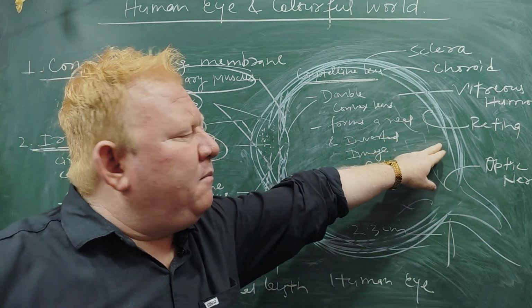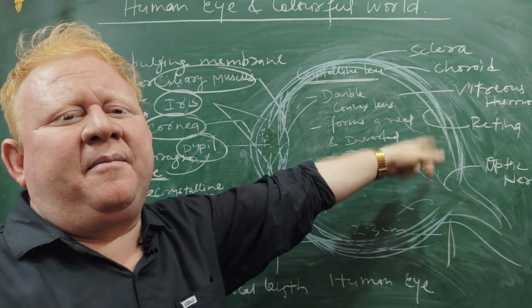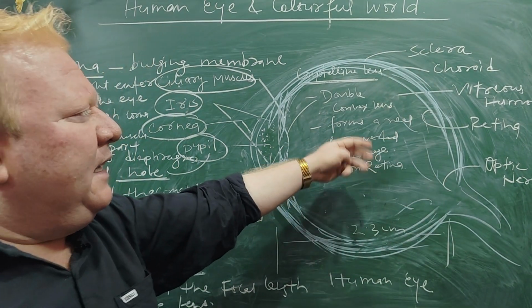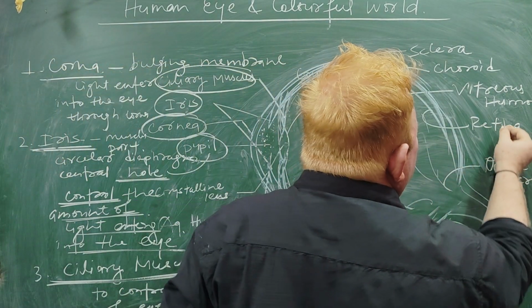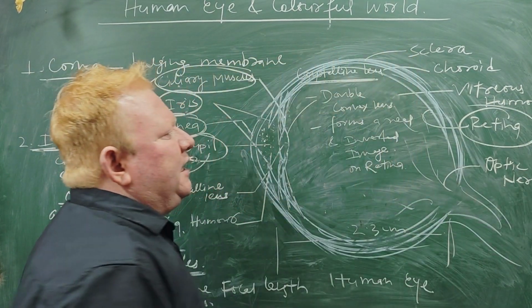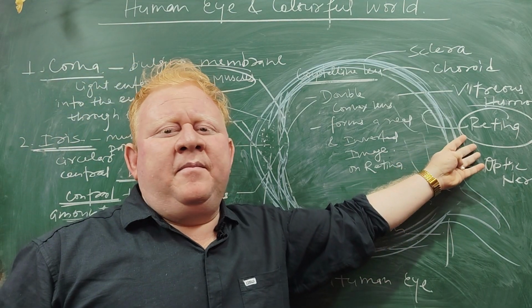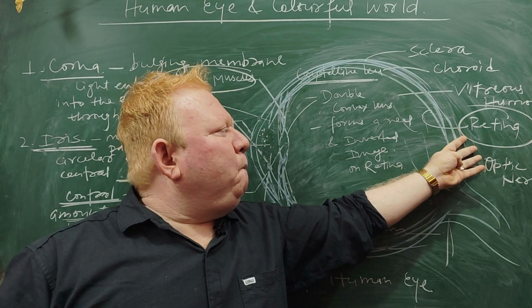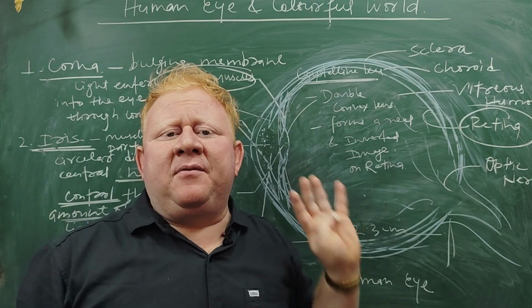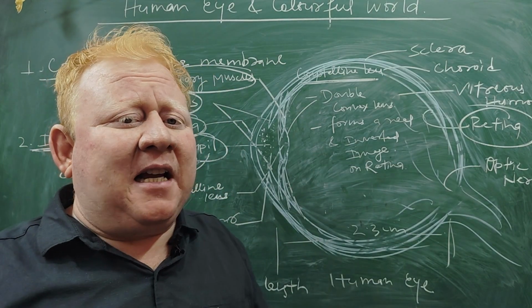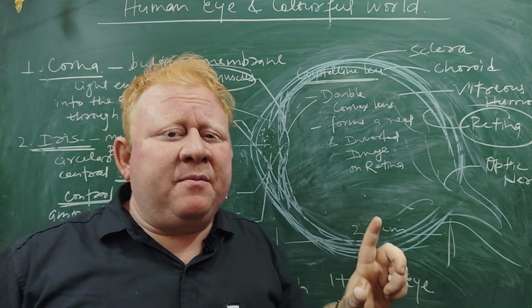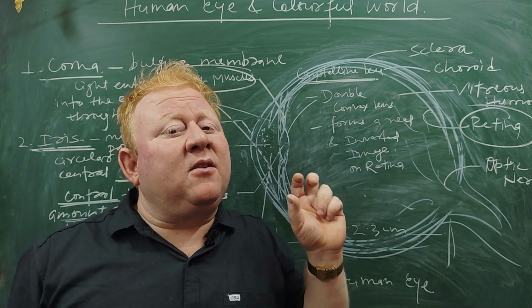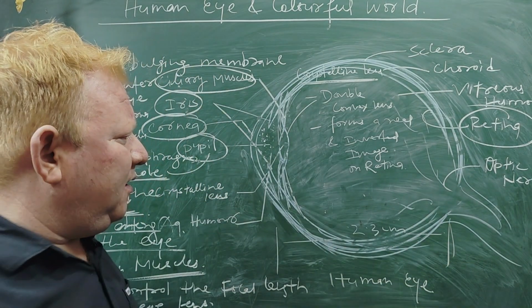Where is the image being formed, children? On the retina. The retina acts like a screen. Here only I am making you understand the retina. So the retina acts like a screen. It consists of a large number of light sensitive cells in the form of rod type and cone type. Rod type is responsible for intensity of light and cone type is responsible for color of light.